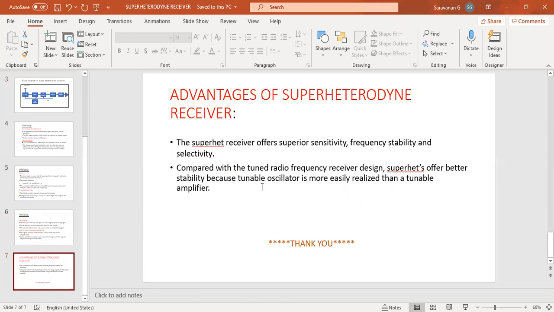The superheterodyne design has better stability because a tunable oscillator is better than a tunable amplifier, and the selectivity of this receiver is better because the IF amplifiers have narrow bandwidth and they operate only at the IF. The design of the IF amplifier is also simple. So these are some of the advantages of superheterodyne receiver.